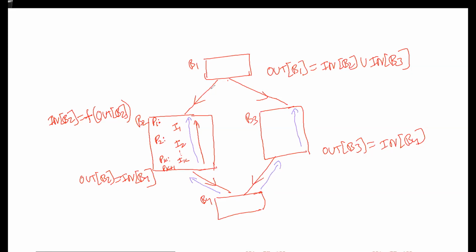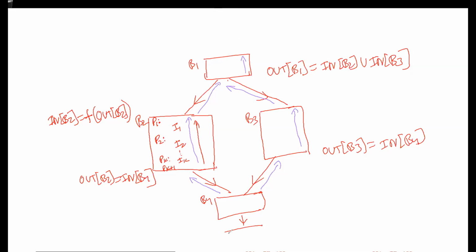And if we know the variables that are live at the beginning of B2 and B3, we can use that information to compute the variables that are live at the end of the basic block B1, and we can propagate it up to compute the set of variables that are live at the beginning of basic block B1. So this is how the information is flowing backwards here.